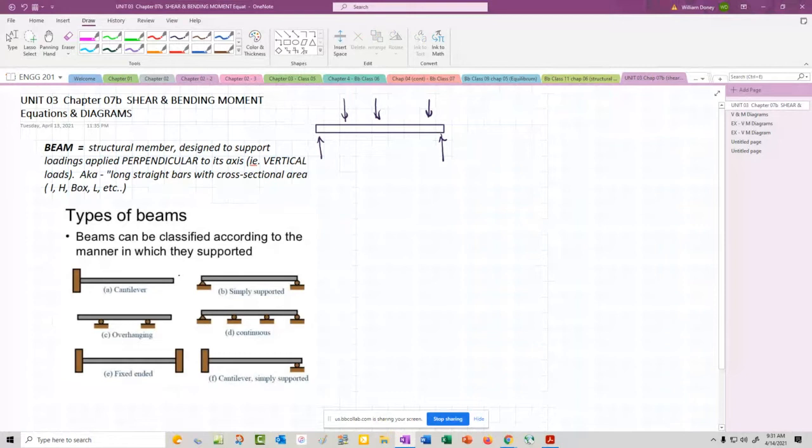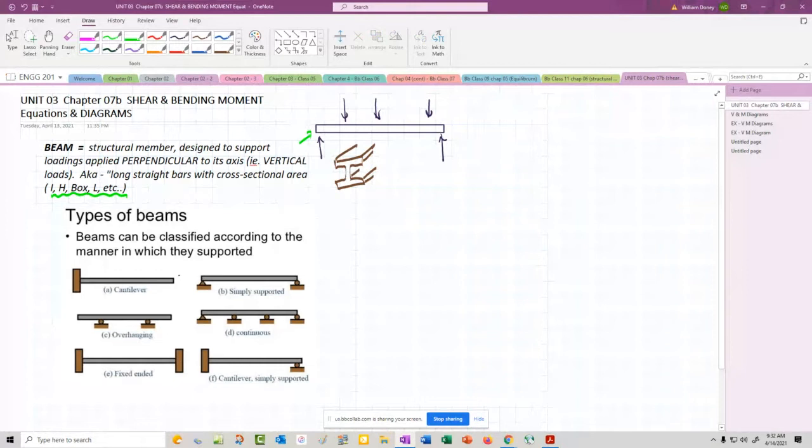Also known as long straight bars with a cross-sectional area. And what I highlighted here is, if we look at the cross-section, meaning we look at the end of this, it could have this cross-section, which is an I-beam. So there would be the three-dimensional version of it.